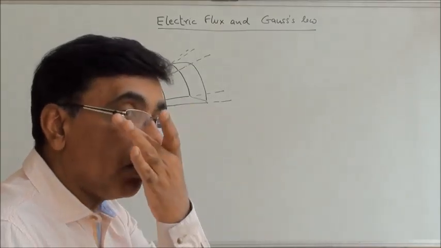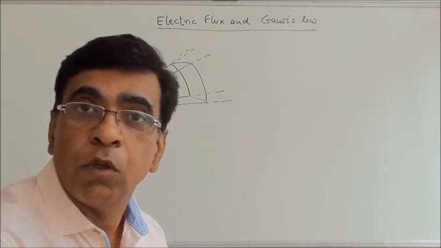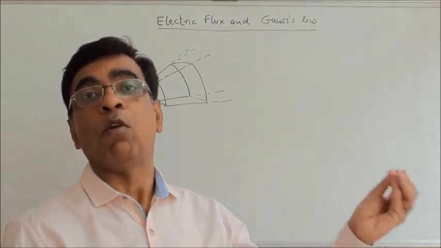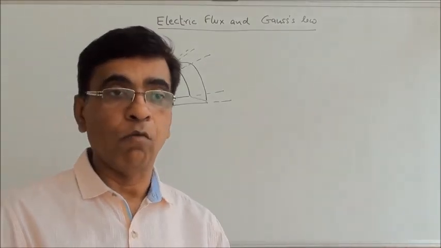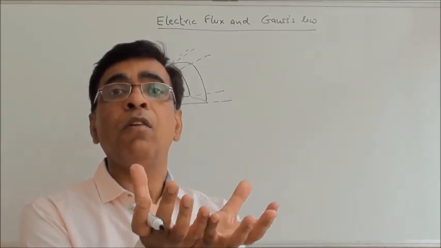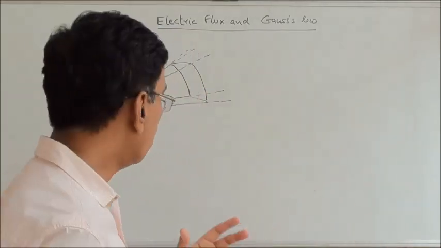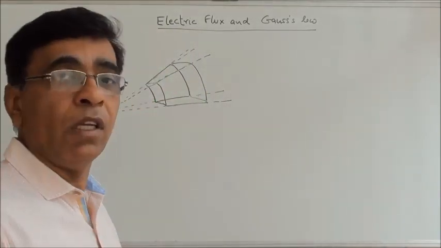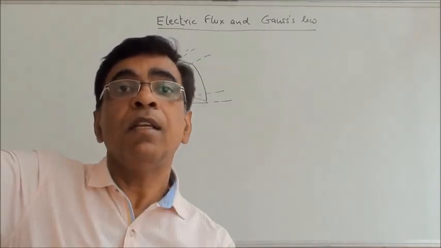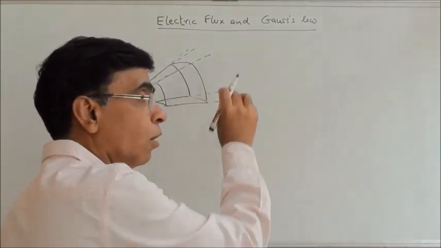If I am calculating the flux for the electric field or the magnetic field, actually nothing is flowing here. There is nothing materialistic which is moving out. Unlike in water or air, where flux is related to the quantity of liquid or gas that is moving out or coming in. But in case of electric flux, there is no materialistic transfer of something, though there may be transfer of energy.